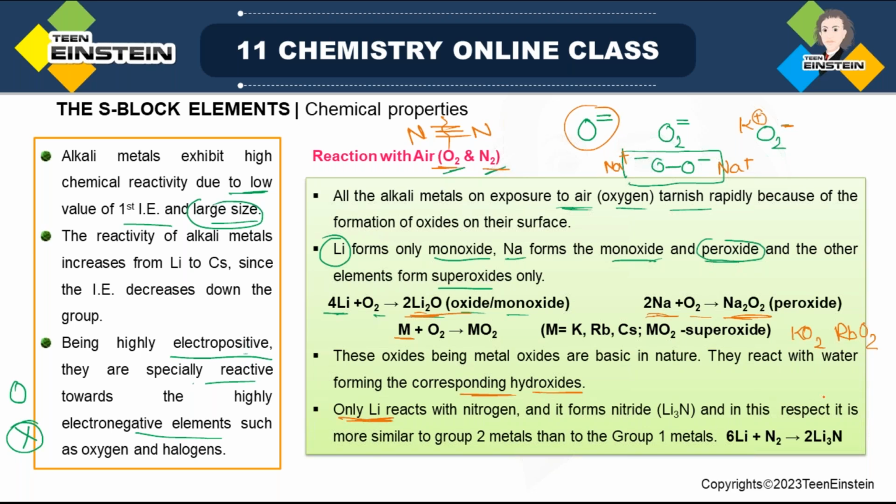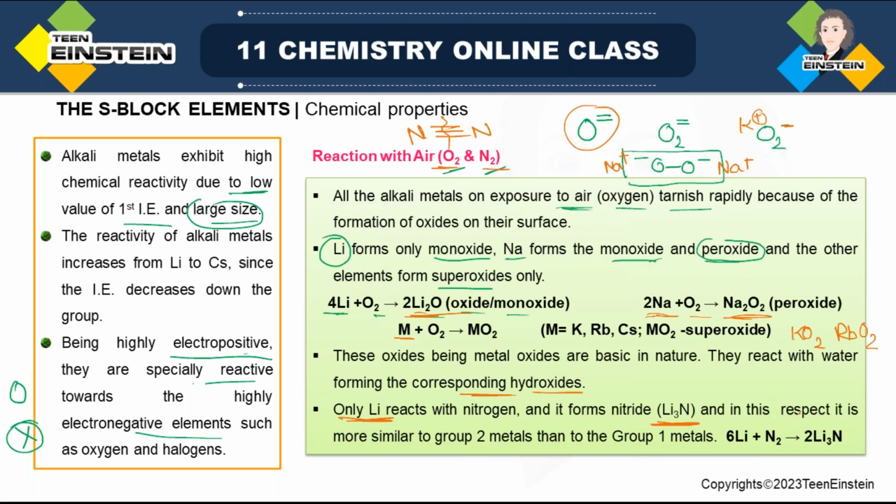Here also the same logic applies, and why it is so, we will come to that. But here the information is that lithium reacts with nitrogen, not the other alkali metals, and it forms nitride.